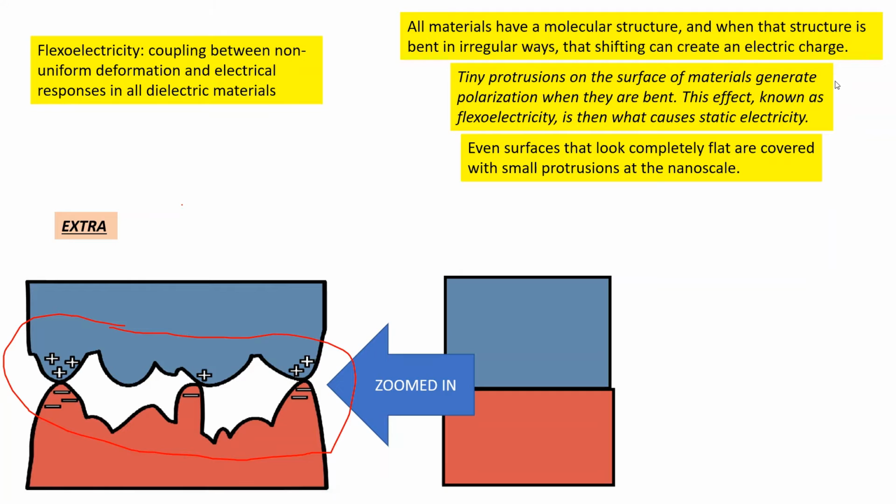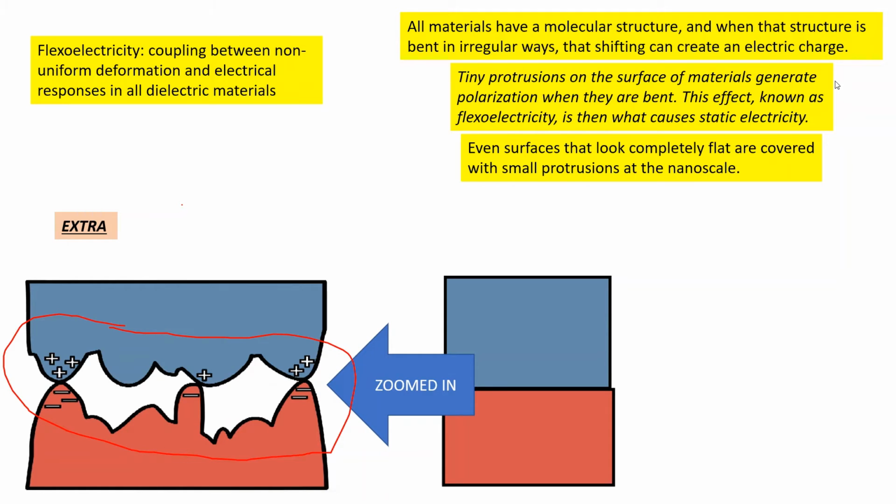Alright, so let's read. All materials have a molecular structure, and when that structure is bent in irregular ways, that shifting can create an electric charge. If you look at the bottom left, where you've got these rough surfaces, and then you apply friction, so you're rubbing two objects close together, what you're doing is bending the shapes, so you're bending the electron clouds. I'm just reading the second box now.